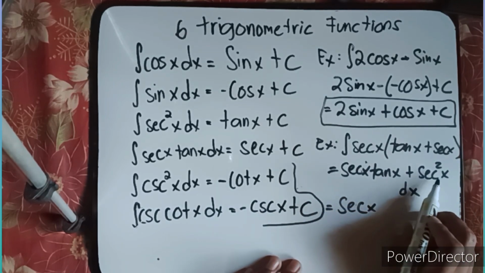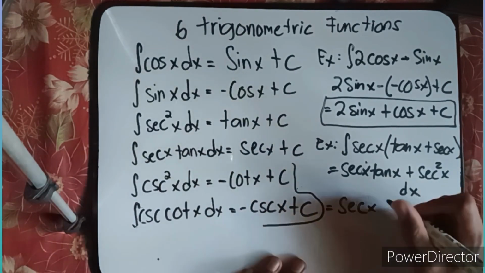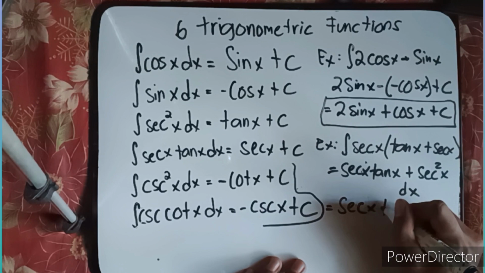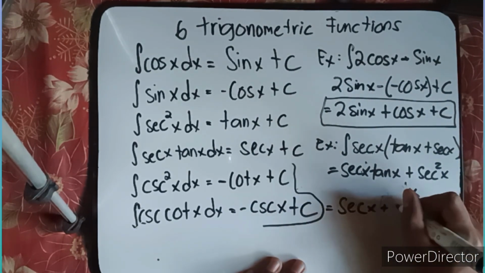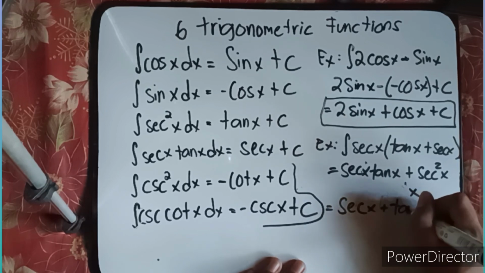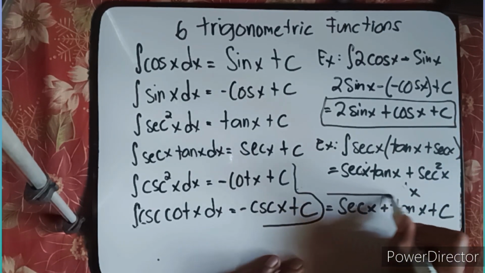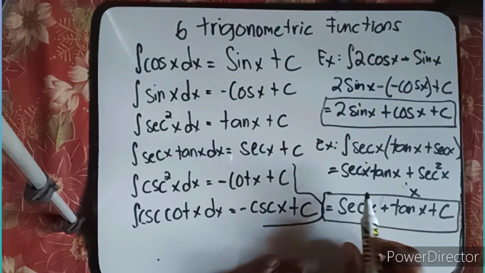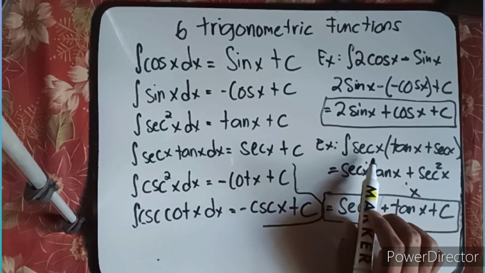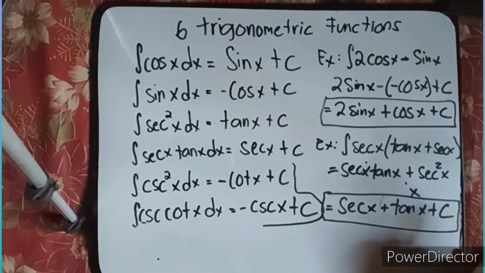Then the antiderivative of secant squared x is tangent x, plus c. So that's the final answer of how to find the integral of secant x multiplied by tangent x plus secant x squared.